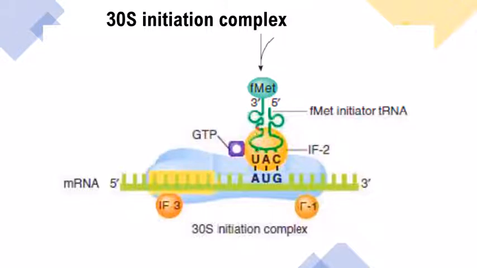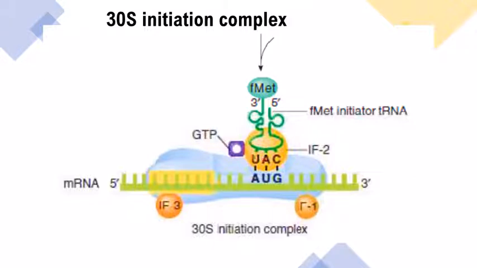Now if you see the positioning of this first initiator tRNA with a bound formylmethionine, this tRNA is placed at the P site of the ribosome, and at the P site there is the first codon or the start codon of that mRNA molecule. So here we have the start codon, that is AUG. A complementary sequence exists on the tRNA molecule which is bringing the formylmethionine.